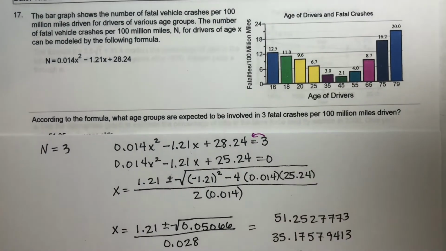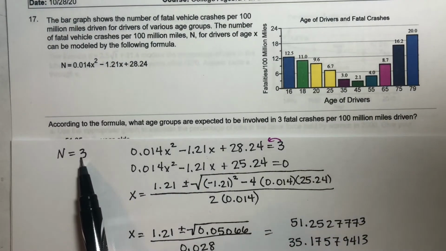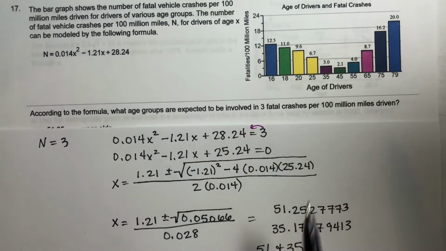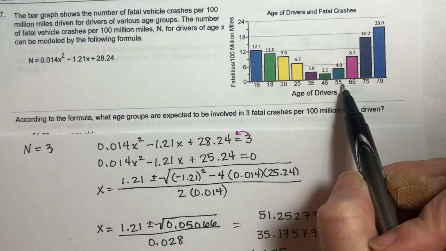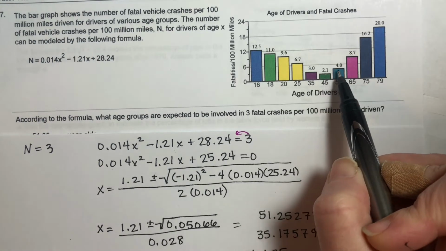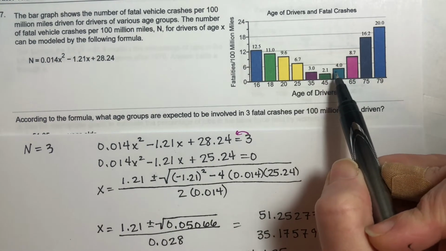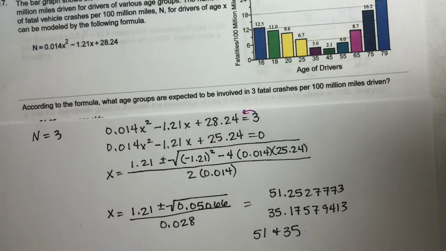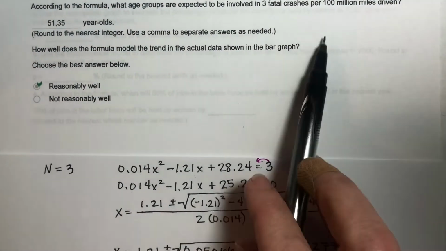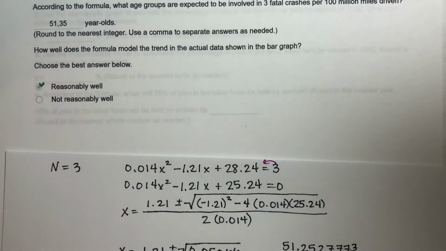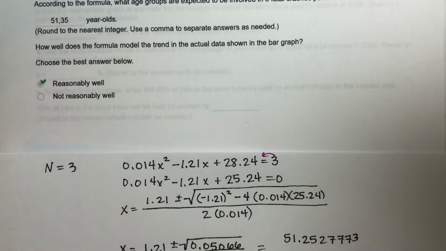So that is exact there because we're supposed to have it 3. But the 51-year-olds, well, we don't have 51, but if you look here between 45 and 55, 3 fits comfortably right in between those. So how good is it at representing the actual data? It does a pretty good job. It does reasonably well. So that's number 17.